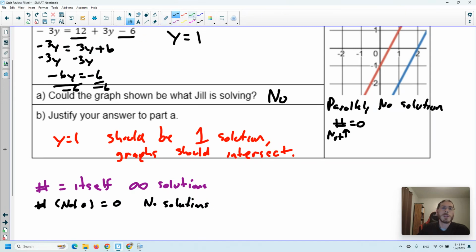And if we get something that's a variable equals a number, I'll do it in red because that's what we got here. That should be our one solution.